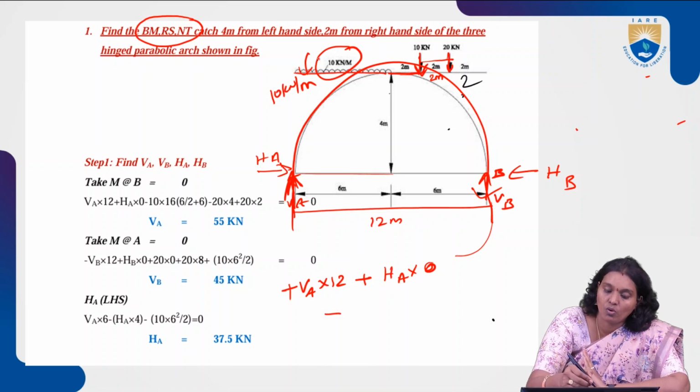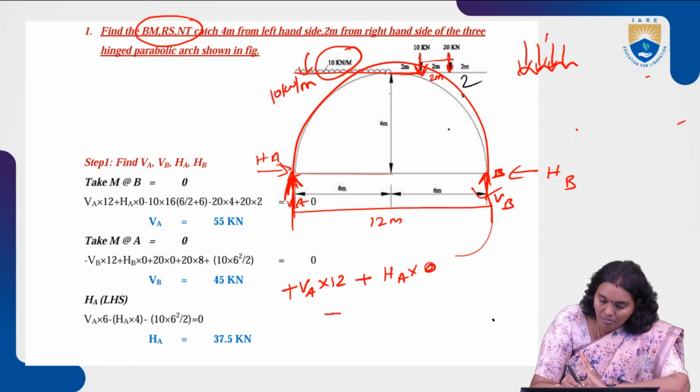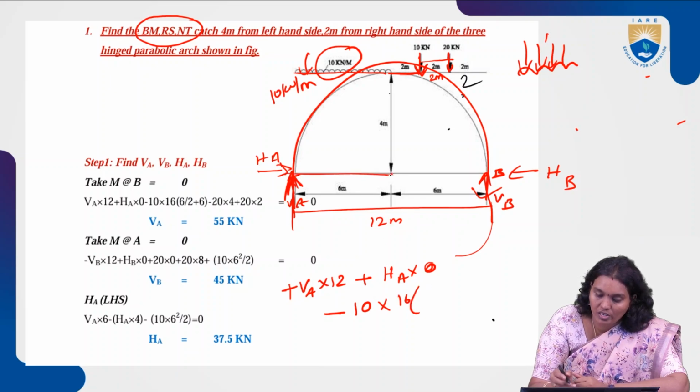Now coming to the loading, which is downwards, this uniformly distributed load downwards, we consider as minus. So 10 into, we will see how the distances are. This 6 is half portion only that acts, so 6 by 2 plus 6, minus 20.